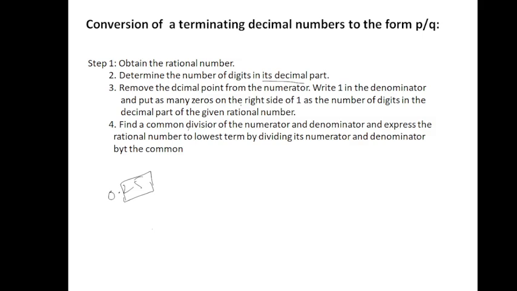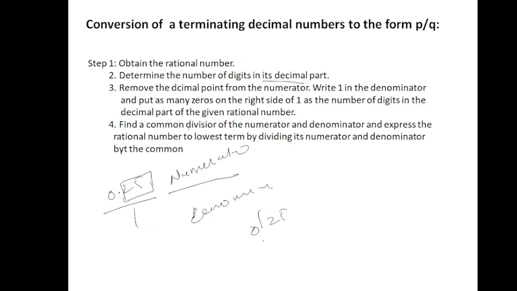Remove the decimal point, something, this is a numerator and this is a denominator. Why write 1 in the denominator? Take 0.25.